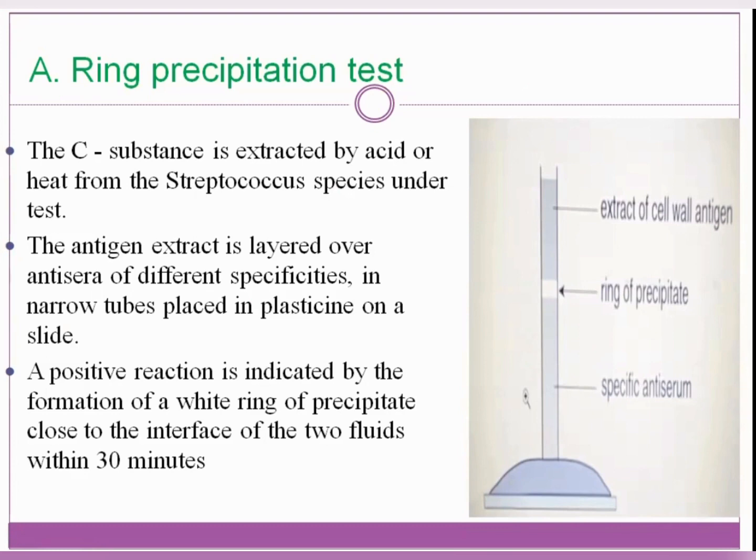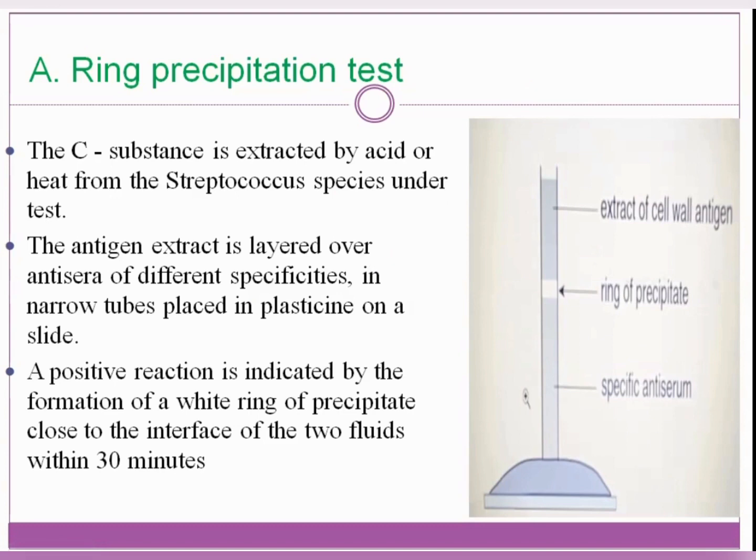The first step in the ring precipitation test is the extraction of the C substance from the streptococci cell wall. There are two methods for extraction of the C substance: the first is acid and the second is heat. We use either the heat or the acid method, whichever is suitable. Second point, in the ring precipitation test, the antigen extract is layered over the antisera.